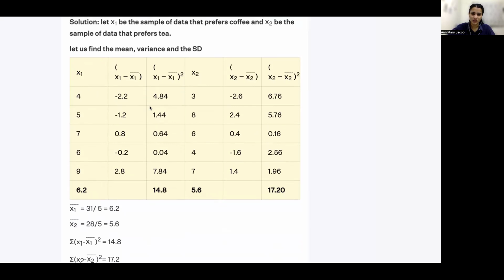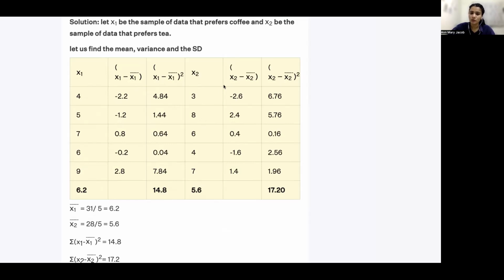This is for x1. You find the mean first, then subtract the mean from the observations listed here, square it, and you get a value. Here you've got 14.8.